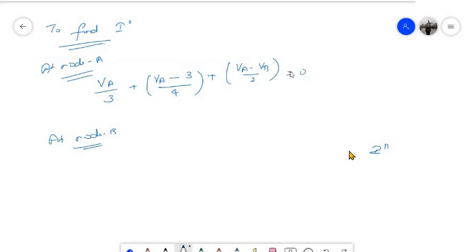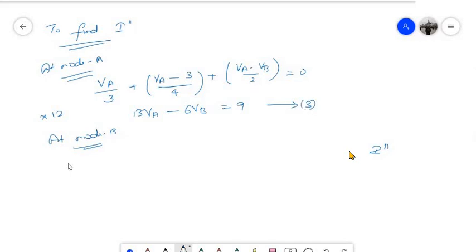So this will be 0. Now when you simplify, maybe when you try to multiply by 12, you'll be getting around 13 times VA minus 6 times VB, approximately 9. So this will be third equation.